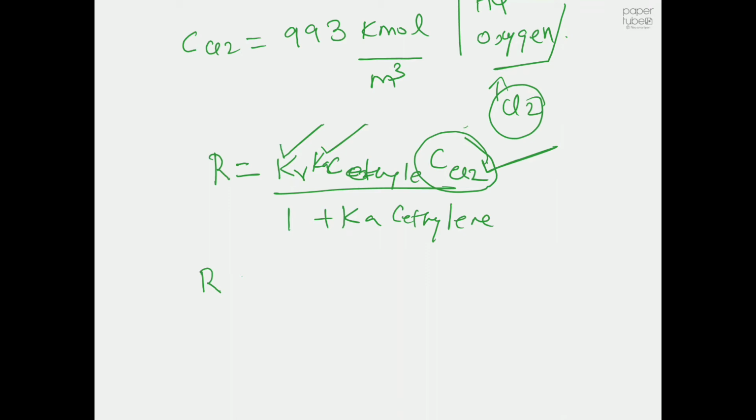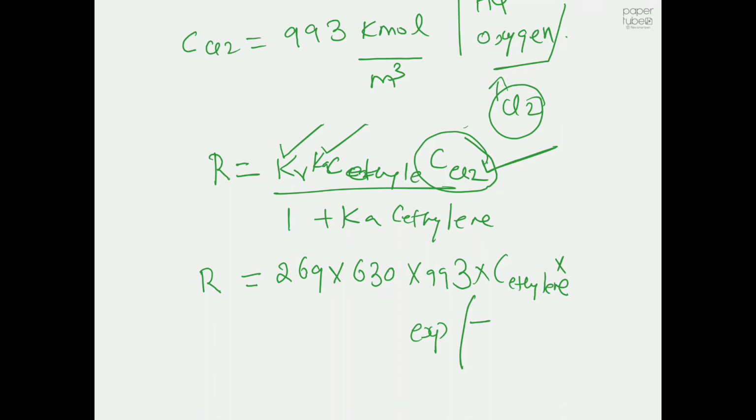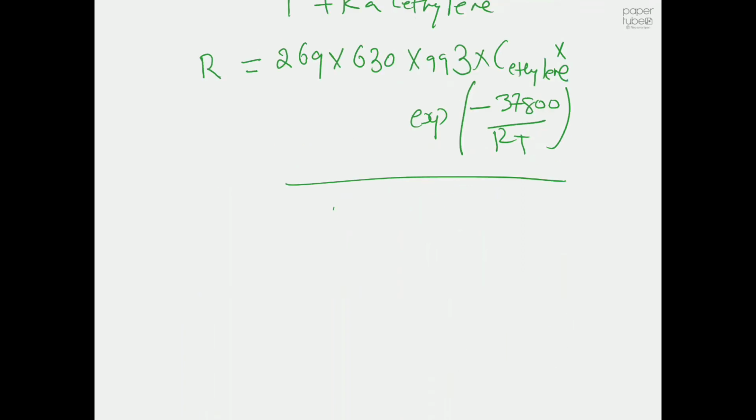Let's do that. 269 multiplied by 630 multiplied by 993 multiplied by C of ethylene, and then multiplied by this whole exponential term, minus 37,800 by RT, divided by 1 plus 630 concentration of ethylene. So we can simplify this expression.